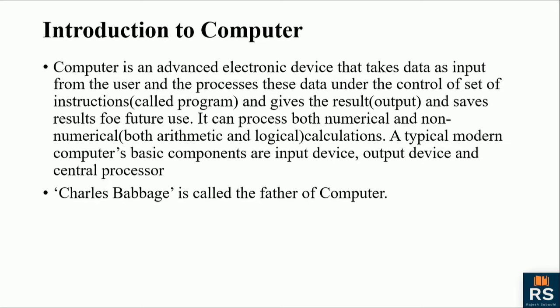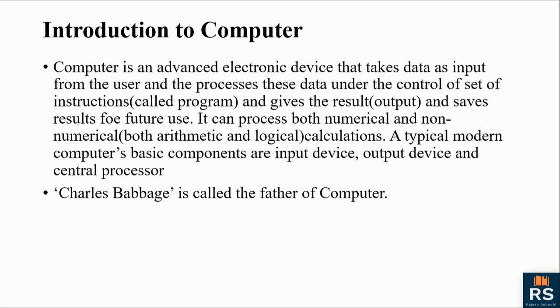Input devices are those by which we can give input, data or information to the computer to process. Output devices are the devices by which the processed data, result or information comes back to us from the computer.